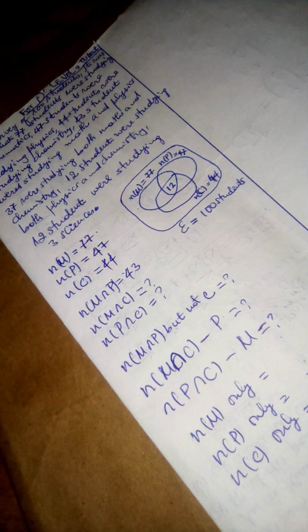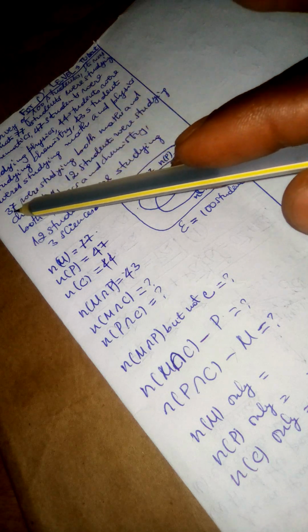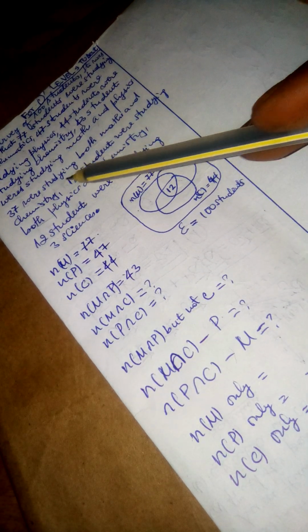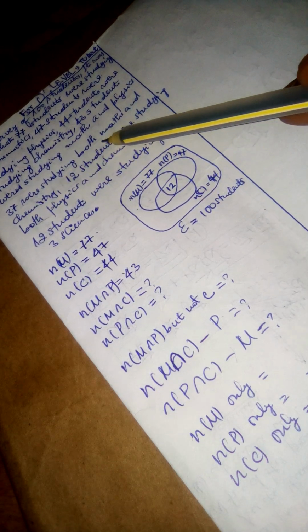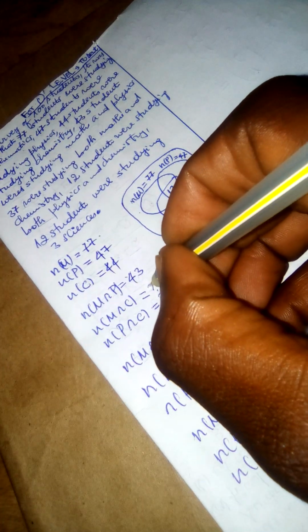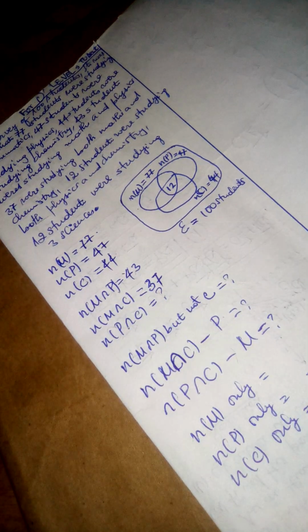The cardinal number of M intersection C is the students who study both chemistry and mathematics. According to the problem, it is 37 students, right?